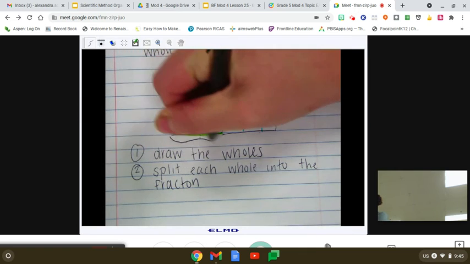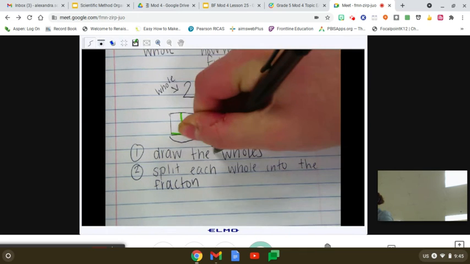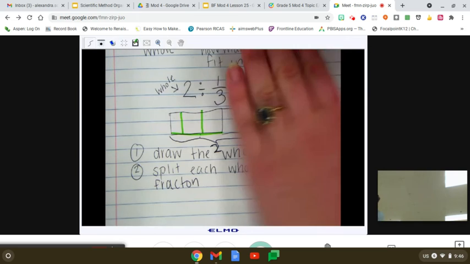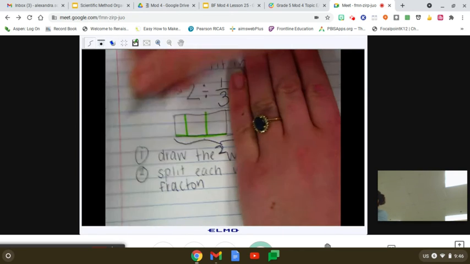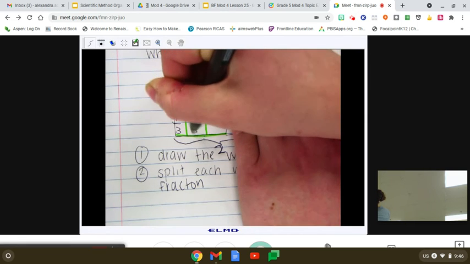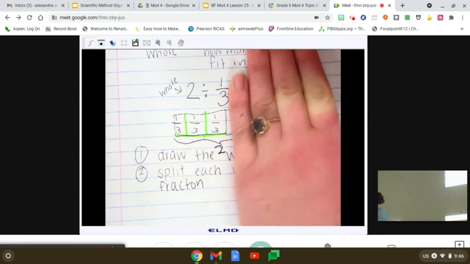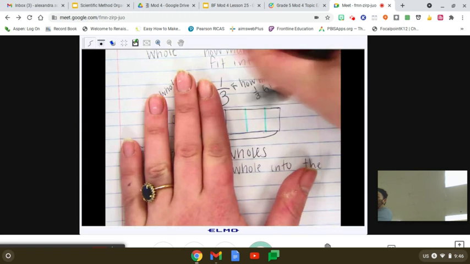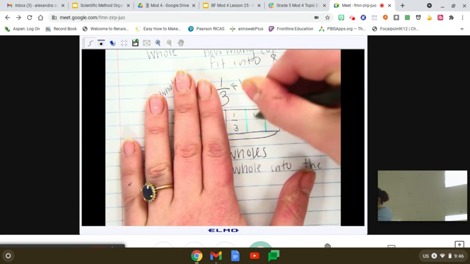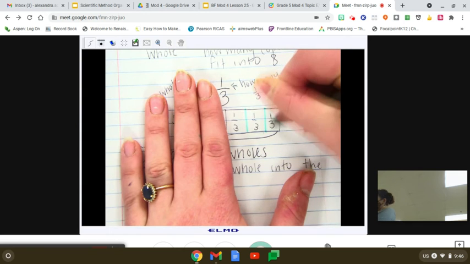I'm just going to label them. This means 2. Then I split 2 into thirds. If we're just looking at one whole, this is 1, this is 1/3, this is 1/3, this is 1/3. This is another whole, this is 1/3, this is 1/3, this is 1/3.